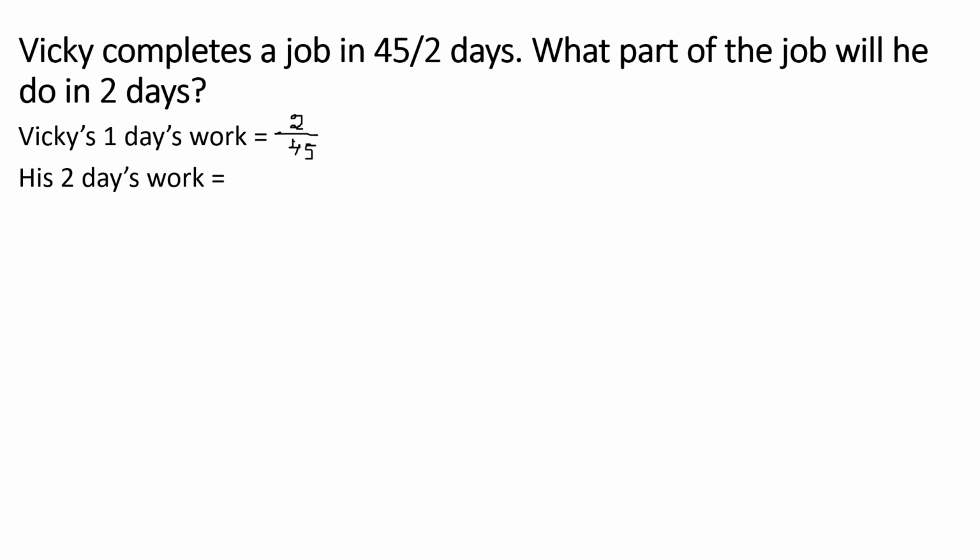Now here we have to find how much work is done in 2 days, so we multiply number of days into work done. So 2 into 2 by 45 will be equal to 4 divided by 45, which is 0.0889. So this much of work is done in 2 days.